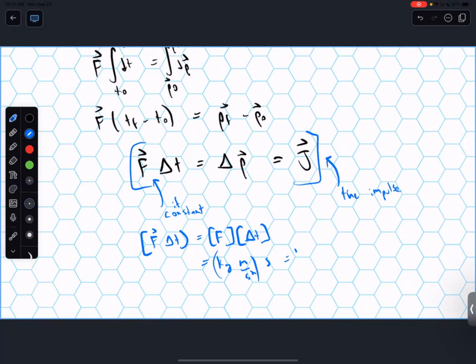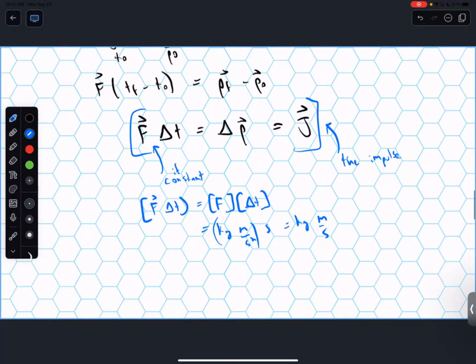Then I have seconds, so I get kilograms over meters per second, which you'll recall is the exact definition of the units of momentum. So it looks like this F delta T does indeed have the same units as momentum. So this all seems to make sense. Okay, so what does that tell us?